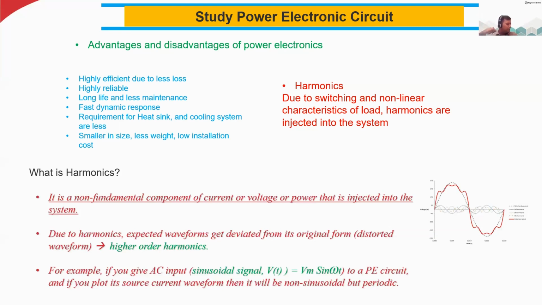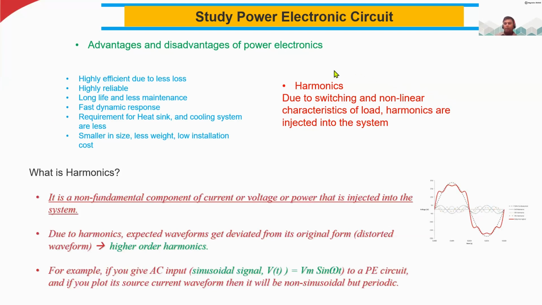We can see that in the physical lecture later on. A heat sink is important for any circuit or IC to dissipate heat easily. By using these devices, we can achieve smaller size, less weight, a compact design and low installation cost. So there are so many advantages of power electronic devices.